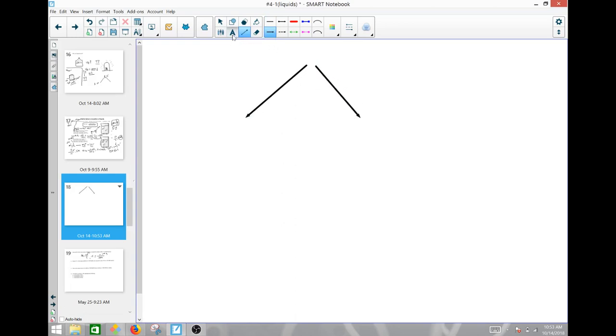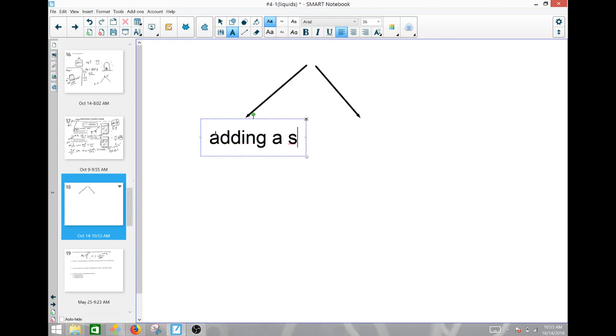One of them is going to be literally, and this would be in water, adding a solid to a solvent like water.